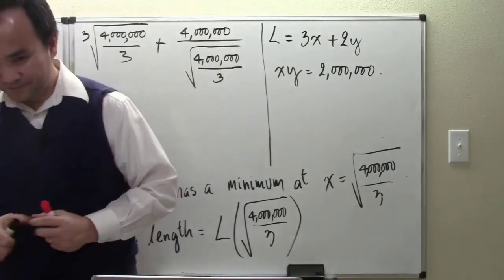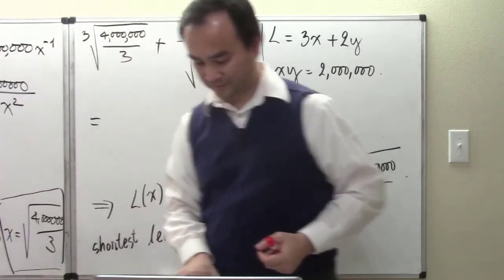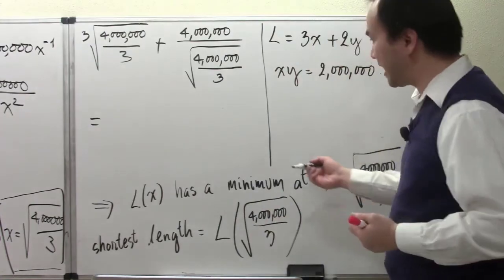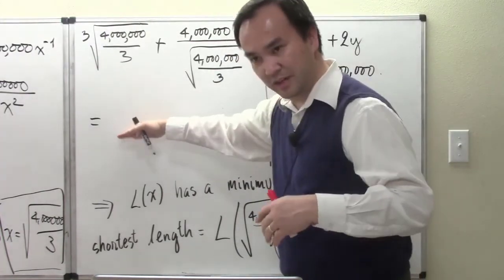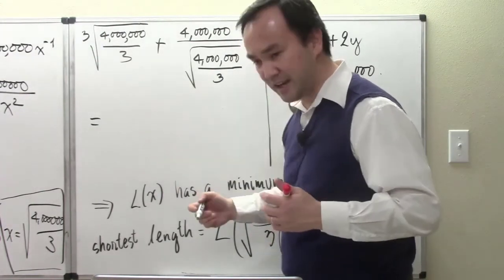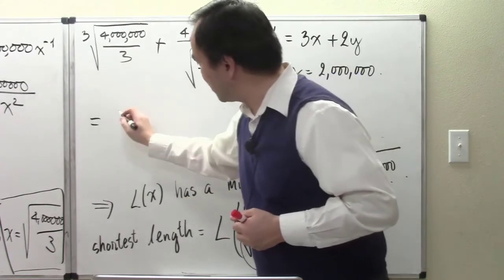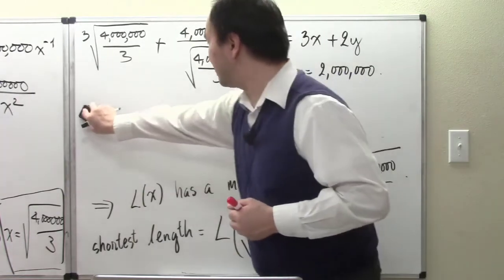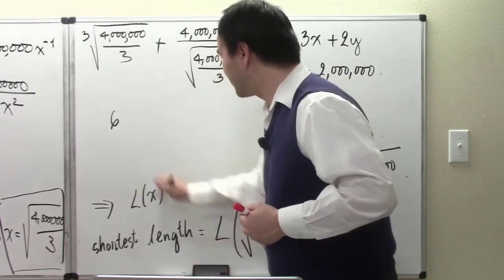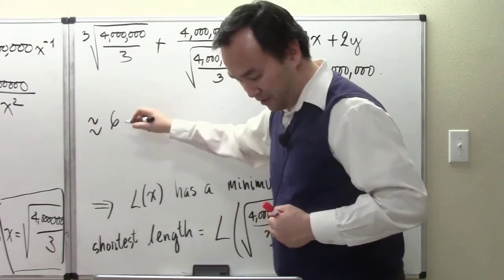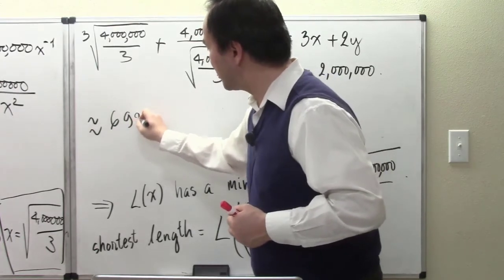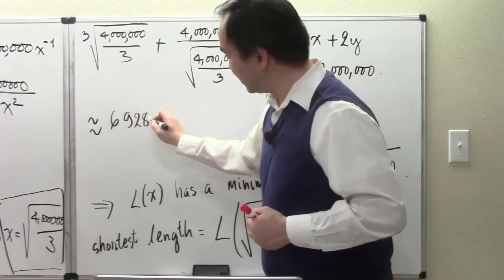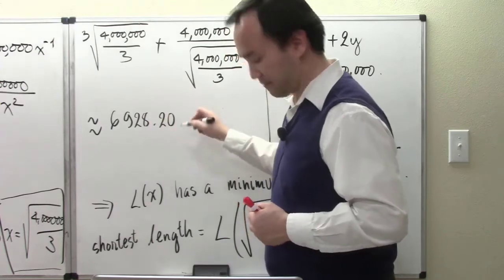All right. So now my final calculation came out, and this is the last answer where I'm going to put that in decimals and round. So this is going to be approximately 6,928 and about 0.20, or just 0.2.